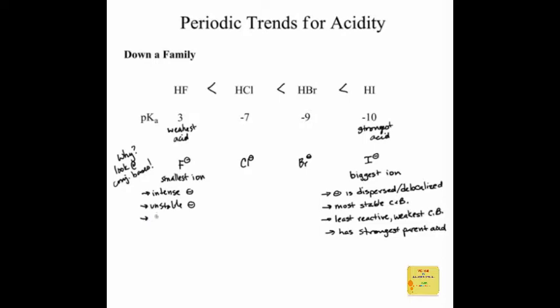If you are unstable, that means you are more reactive. This is the most reactive and therefore strongest conjugate base. And the strongest conjugate base has the weakest parent acid. Okay, so in this case we can see the size of the atom having an impact on the stability of the negative charge in the conjugate base.